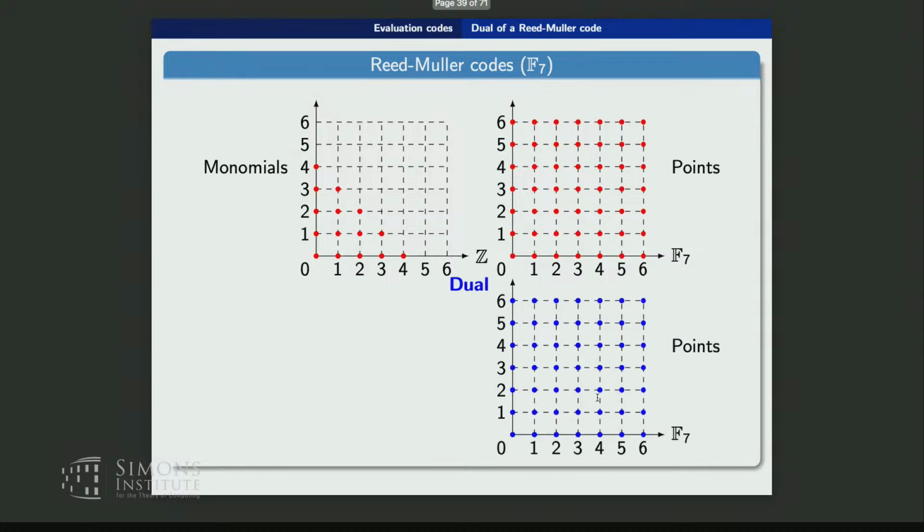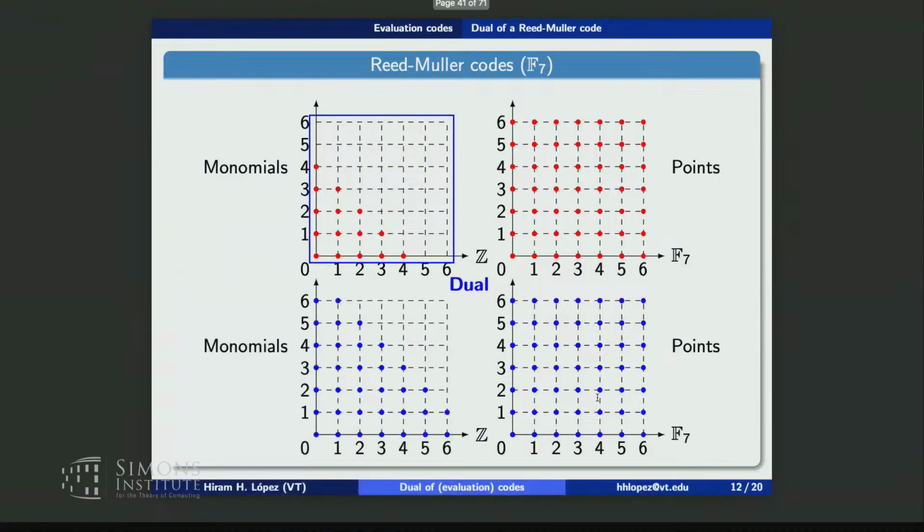Okay? So I want to find the dual. I am going to use the same points. Using those points, you create your box. You put the box on the top. And the complement, that is what you require for the dual of the code. Okay? If you rotate this and put it here, it's going to be the precise size.